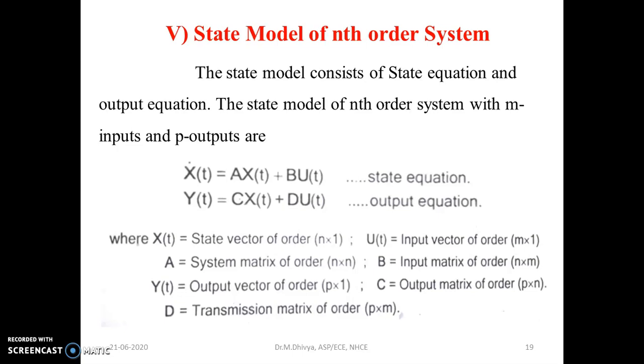Now, in the generalized form, the state model consists of the state equation and the output equation. The state model of the nth order system with m inputs and p outputs is given by x dot of t is equal to A into x of t plus B into u of t.